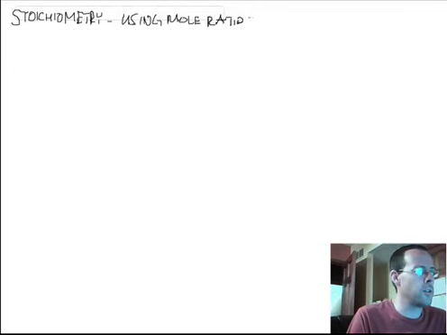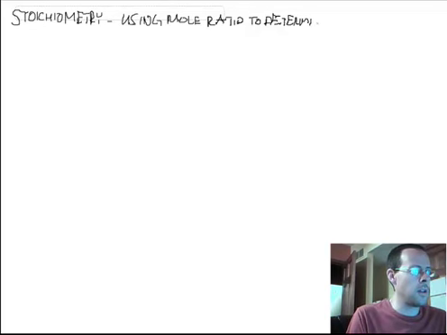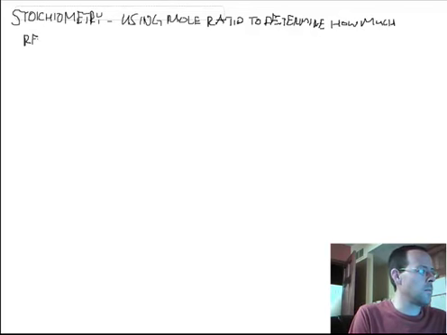But using mole ratios to determine how much reactant is needed to make a certain amount of product.